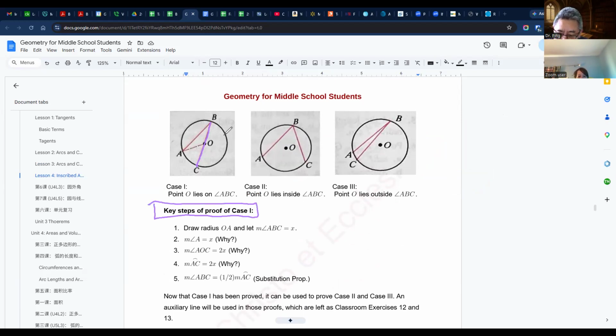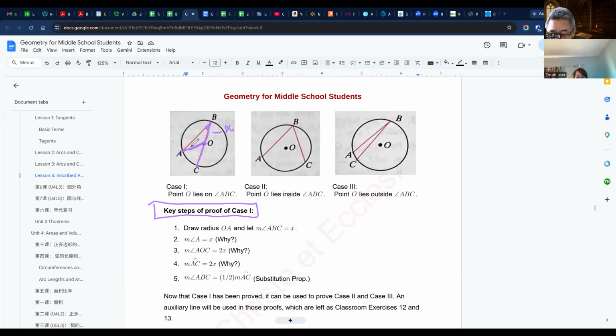First, we're going to draw a radius from O to here. We're going to call the measure of ABC, the measure which we're trying to find, X. So we give a name to it.